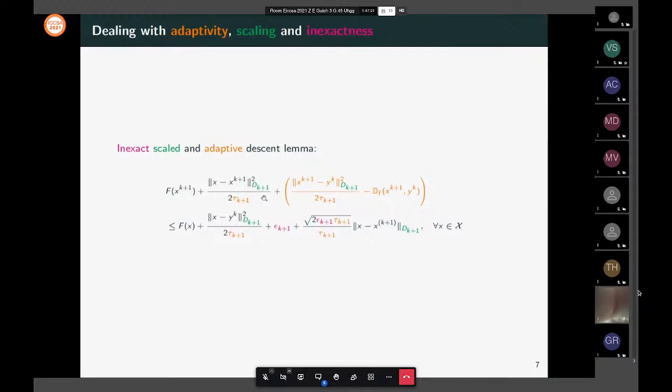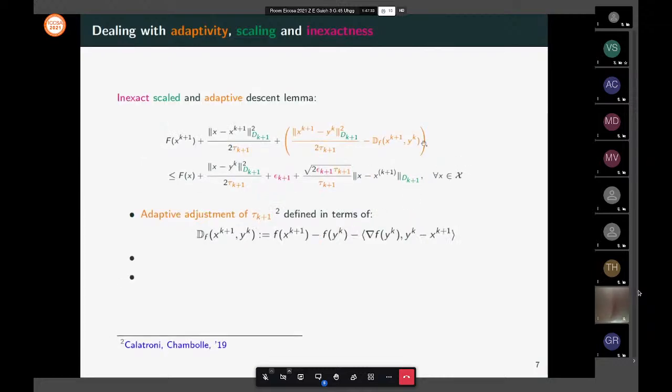The scaling appears here in the non-Euclidean norms that you have here, and adaptivity appears in the calculation of whatever is orange in this slide. And in particular, this bracket is defined in terms of the Bregman distance associated to f, which is typically non-negative, so you can forget about this term when you enforce recursion in this inequality.